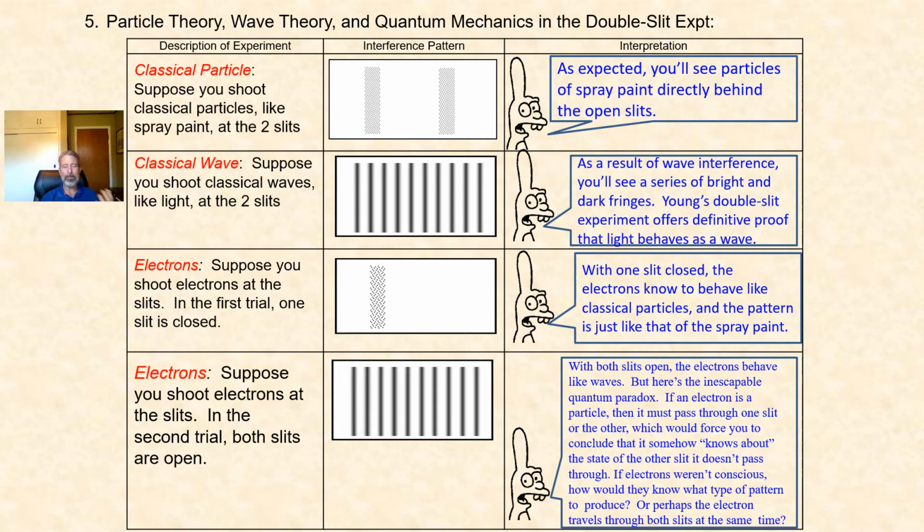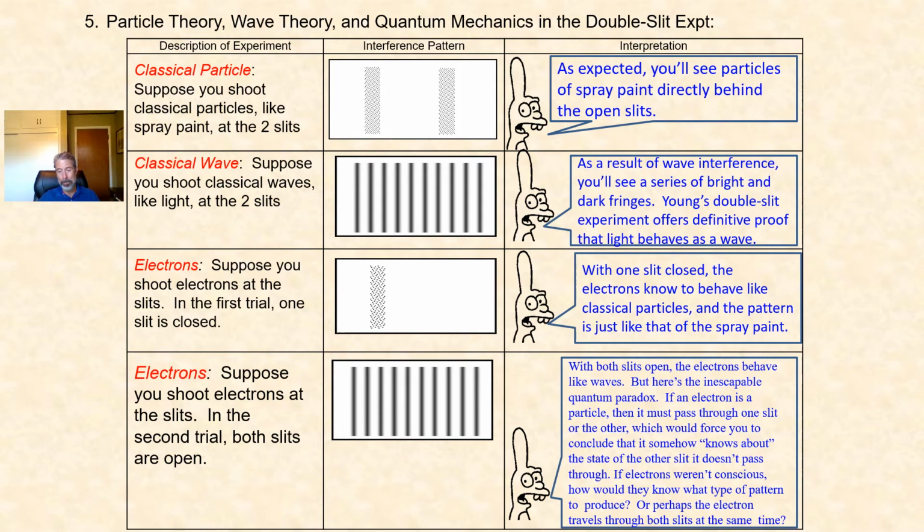What we're saying here is that if an electron is going through the left-hand slit, it somehow knows whether the slit it doesn't pass through, the right-hand slit, is open or closed. Because if the right-hand slit is closed, then the electron behaves as a particle. But when that right-hand slit is open, now that electron behaves in a very different way. It behaves as a wave to produce an interference pattern.